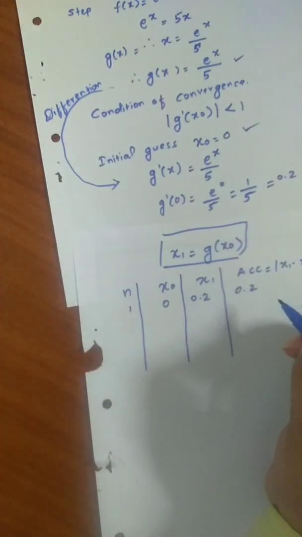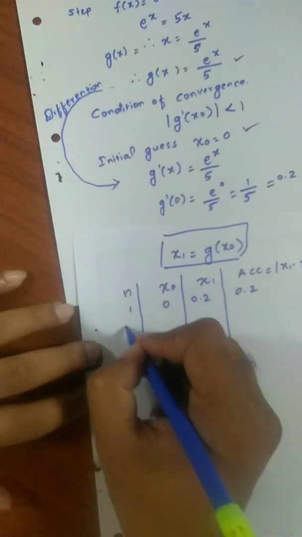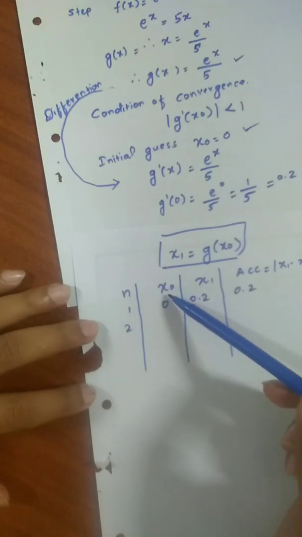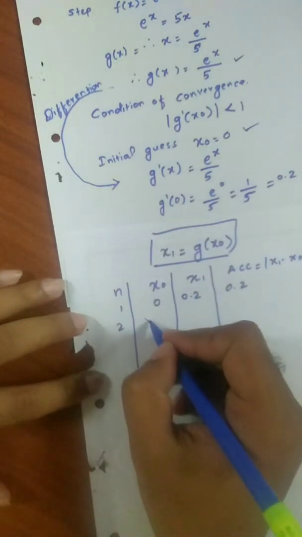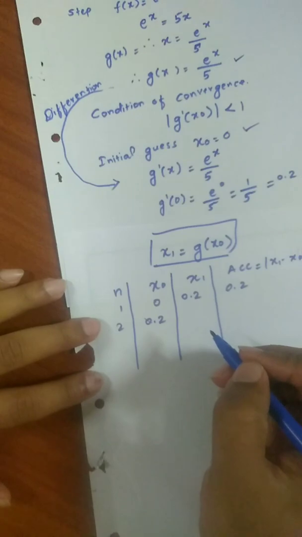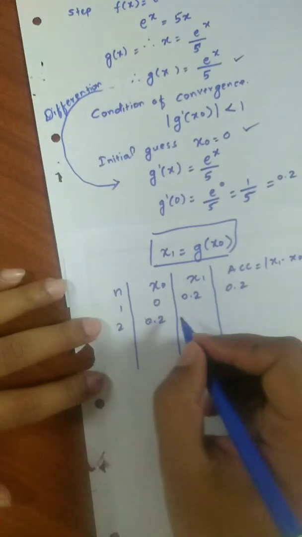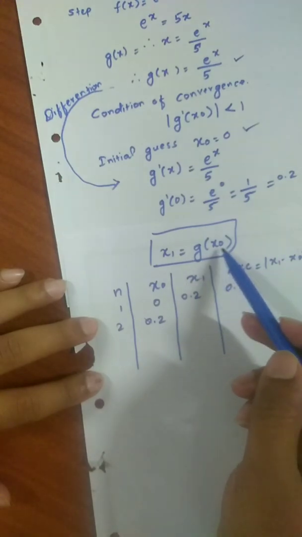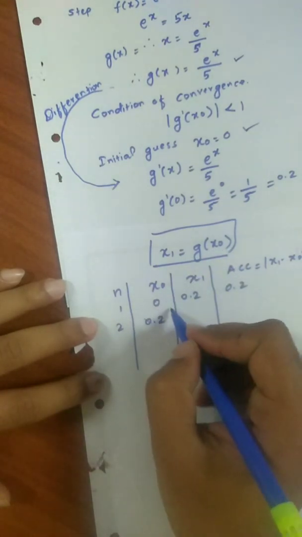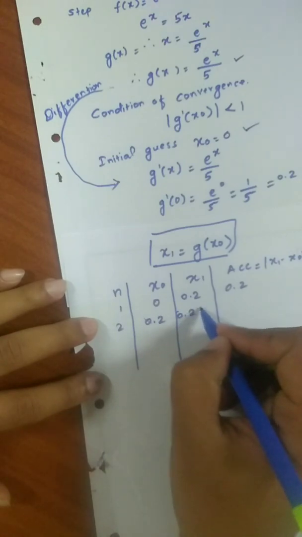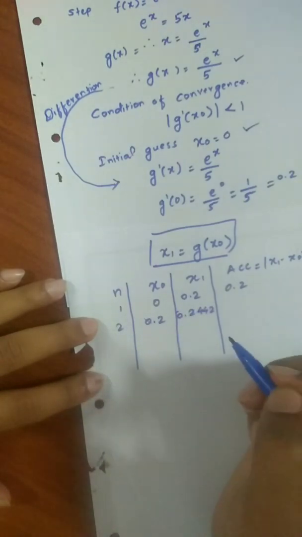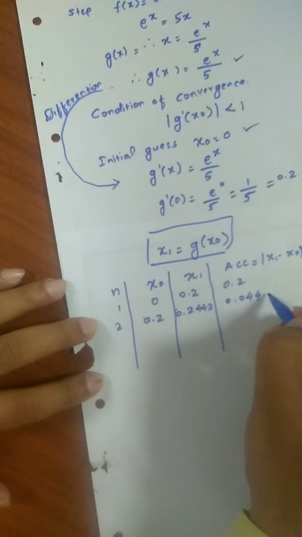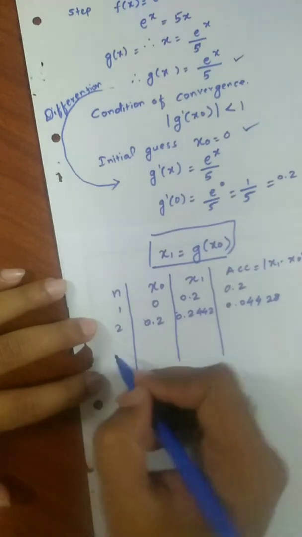Now let us move on to the second iteration. For the second iteration, you need to have the x0 value as the previous x1, so this value becomes 0.2, and find the value of x1 by using this formula. This is 0.2442, and the accuracy is 0.04428.